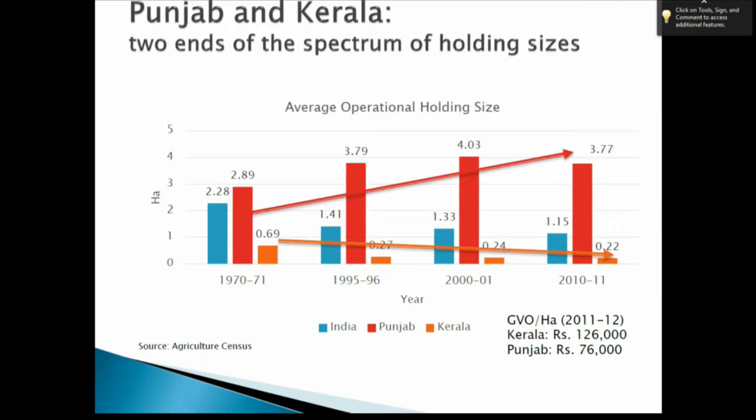So that basically means if you're producing high value agriculture like spices, horticulture, this just gives you an example that small may not be bad also. It's a different game. So in that way you'll have to diversify your production basket away from maybe a cereal or a standard crop.